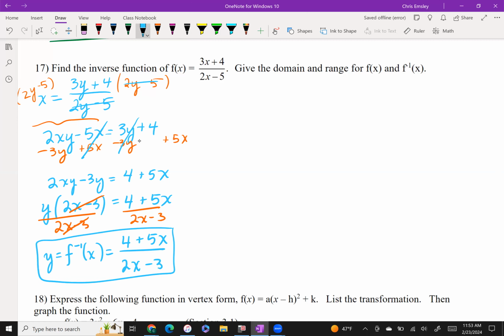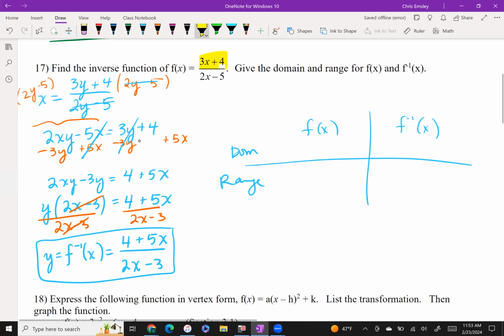We do also want to talk about domain and range. So we'll go ahead. I like to make a little table to talk about those. If we're going to talk about domain of f of x and f inverse of x, and then range of each of those. So domain of our original function up here at the top, remember for a fraction, the bottom cannot be 0.